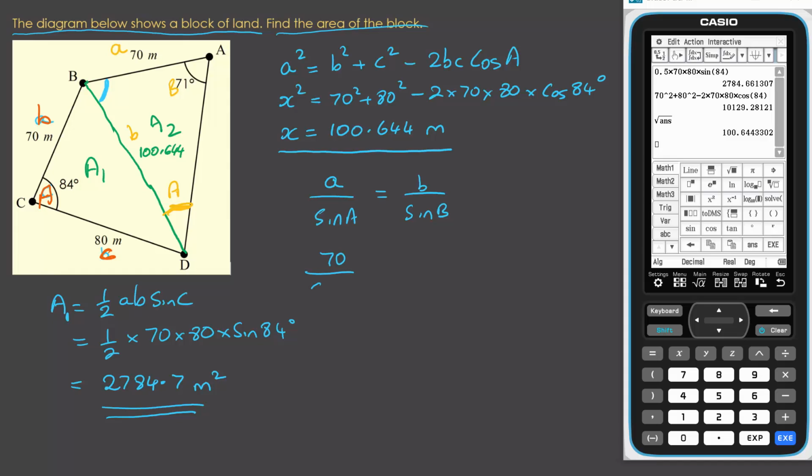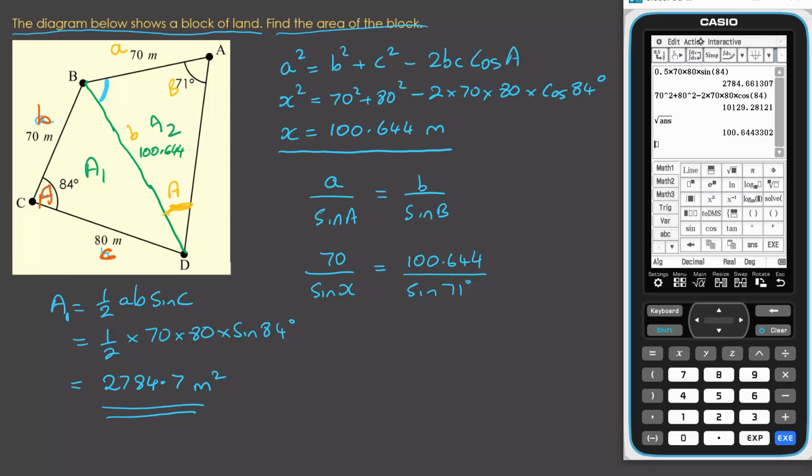So we've got 70 over sine x is equal to 100.644 over sine 71.